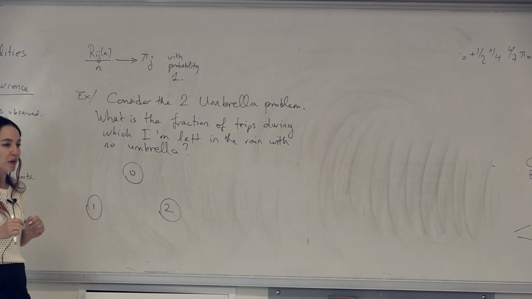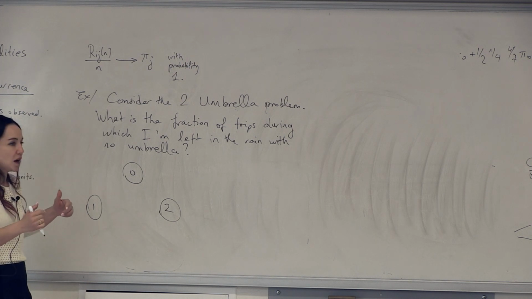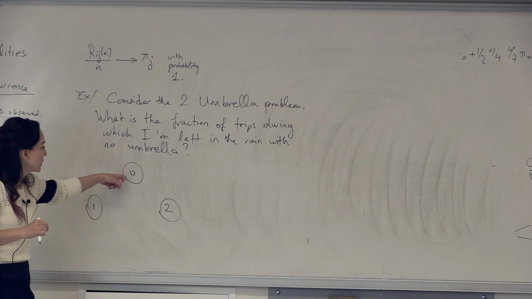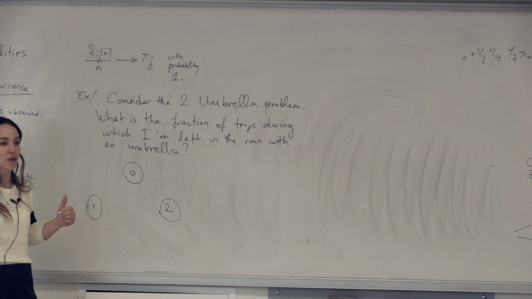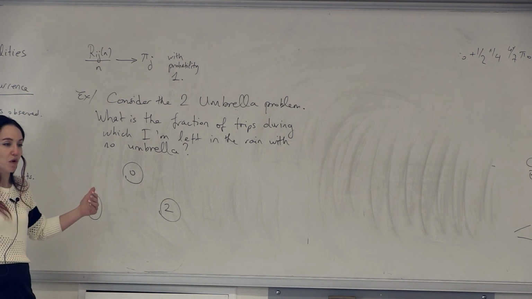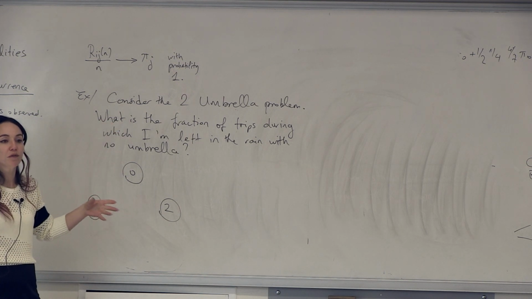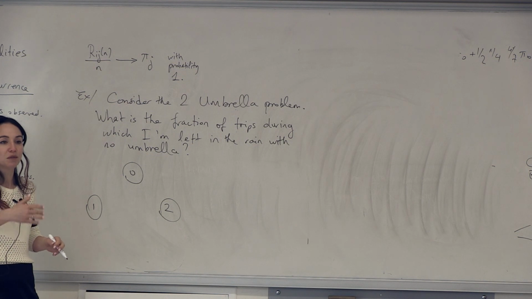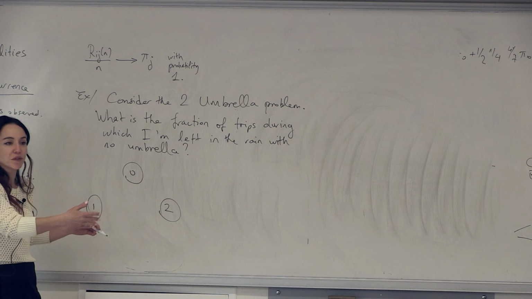So during every trip it rains with probability p. And I'm left in the rain with no umbrella if at the start of my trip I'm in state 0 and it rains. Of course, I'm assuming that the process has been going on for a very long time. So after a very large number of trips, what is the long-term average occurrence of this situation?